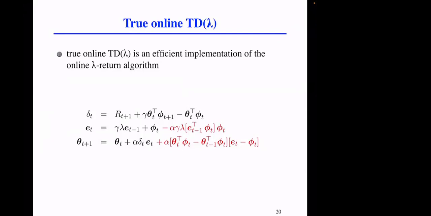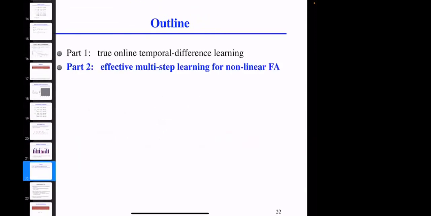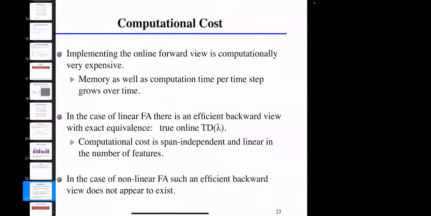However, it's not the case for nonlinear function approximation. So it's impossible to get an exact equivalence with the online lambda return algorithm when you're doing nonlinear function approximation. So exact equivalence is not possible, but you can do something else which is very close to it.